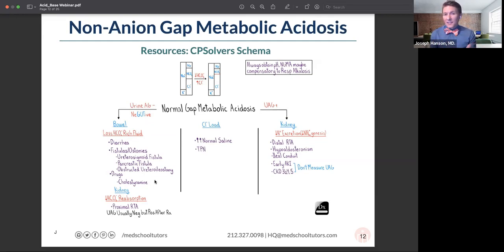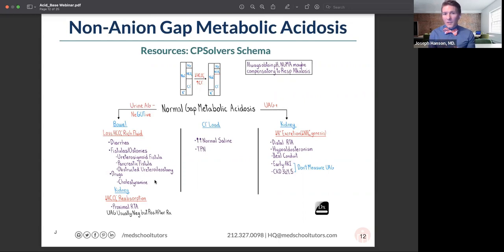And so the idea is our kidney, specifically the collecting tubule, makes bicarbonate. As a result, if we are unable to make bicarbonate in the kidney, which is to say we're unable to excrete acid, which also could mean we're unable to put titratable acids into the urine, which is on the right side of our diagram here, then we are also unable to have enough bicarbonate because of a lack of synthesis.